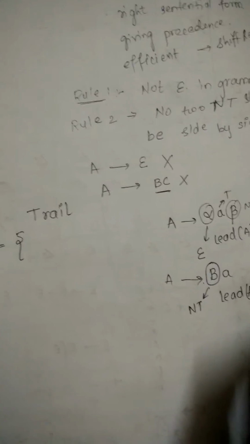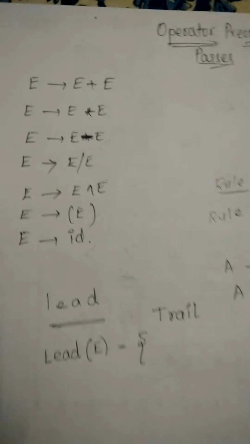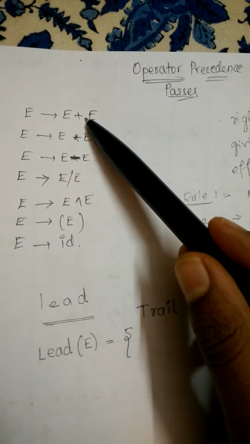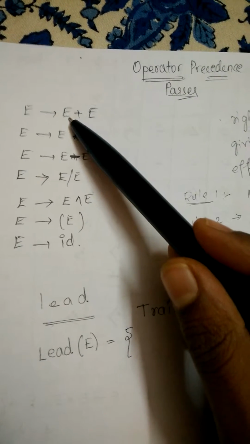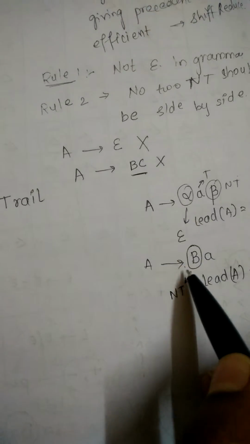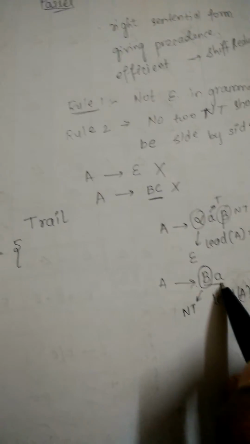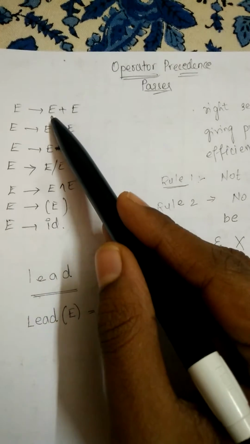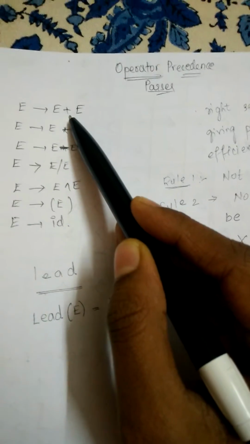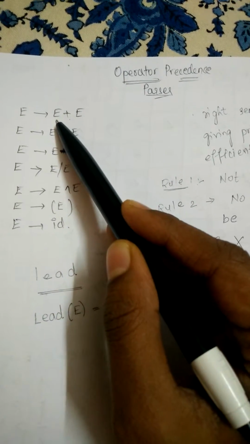Let's see with an example. Over here, E plus E is there, so we have to find the lead of E first. Which rule is applicable over here? This rule is applicable, B a, where first is a non-terminal and then the terminal. So we have to consider the lead of E first.